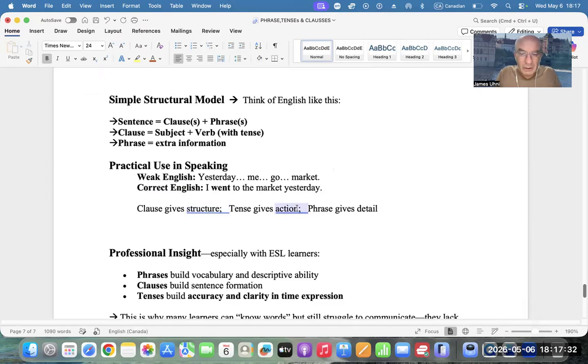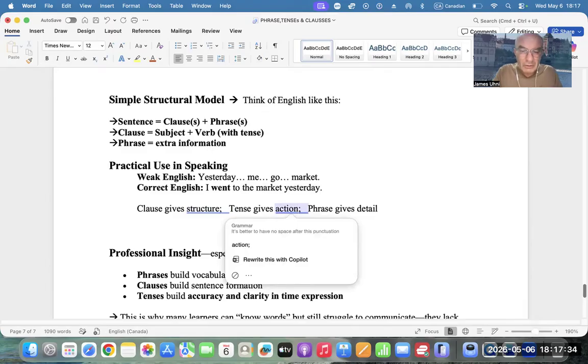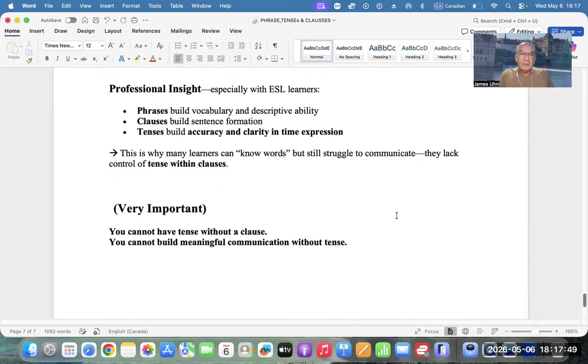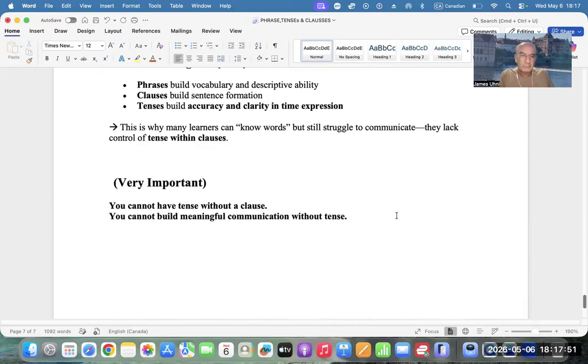So I will add over here, action in time. Okay, and again it's past, present, or future. And phrase gives details. That's exactly what you need really right now. And very important information, which I will repeat 3 more times.